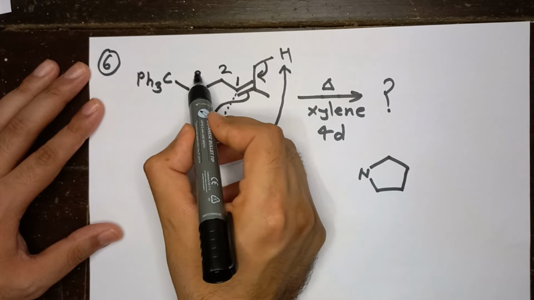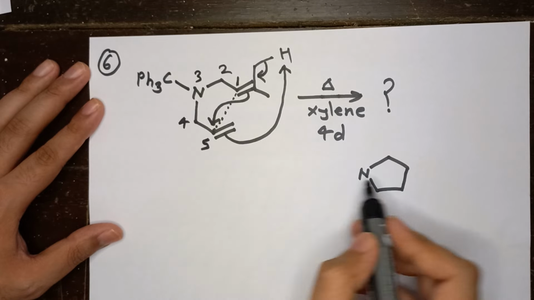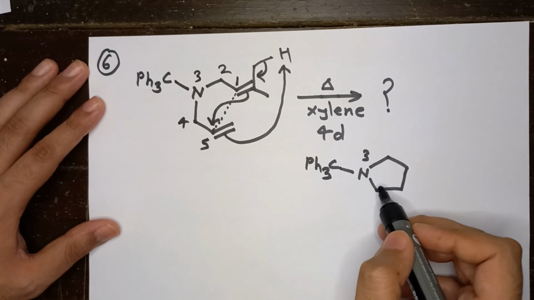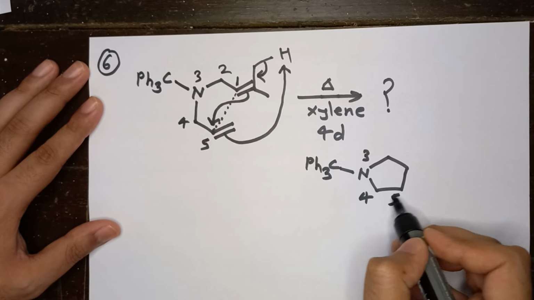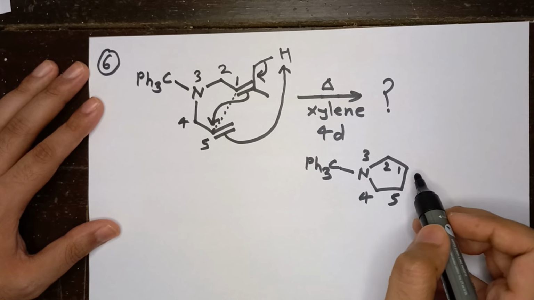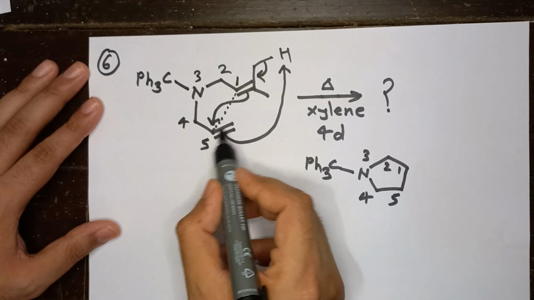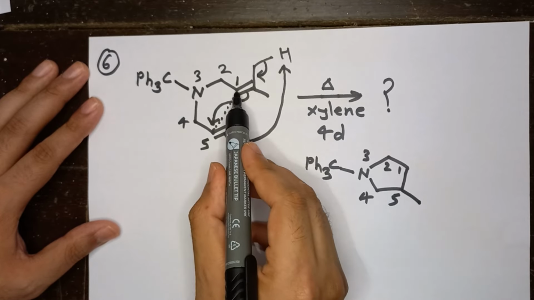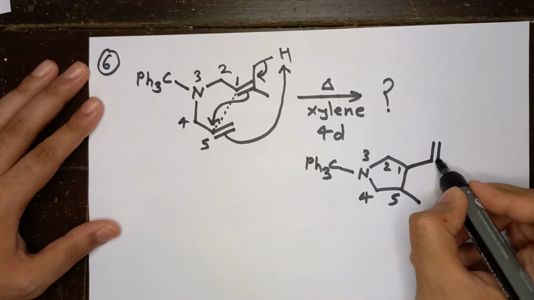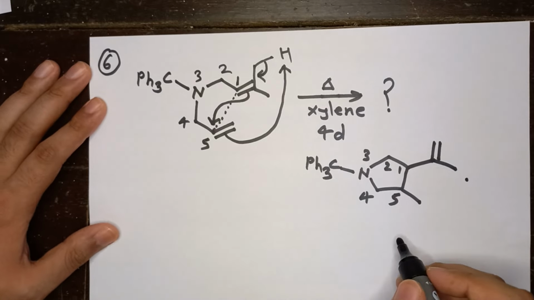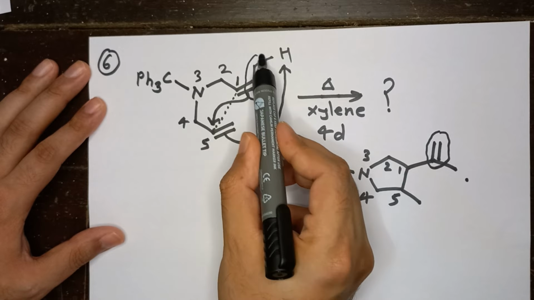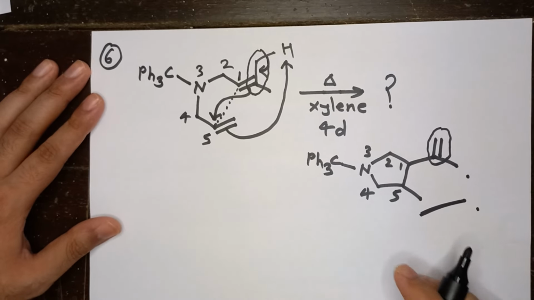This is my 1, 2, 3, 4 and 5. 3 is nitrogen, which is attached to this CH3 group. This is my 4, 5, this is 2 and 1. So 5 is now attached to a methyl group. 1 is now attached to this particular system. So this is my alkene which we recently generated here. And this is the product for this reaction.